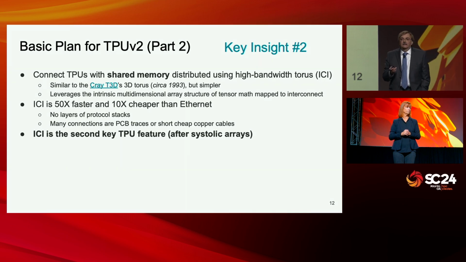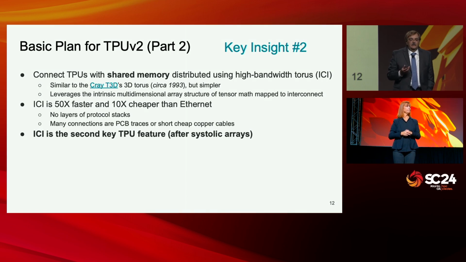Another key thing that we had, there's been a lot of research on shared memory multiprocessors in the late 80s and early 90s, is we connect the TPU chips with a shared memory architecture that's distributed and uses a high bandwidth torus. The torus is very high bandwidth.